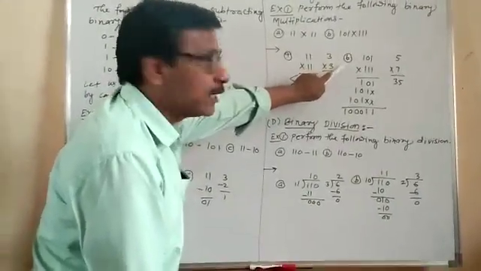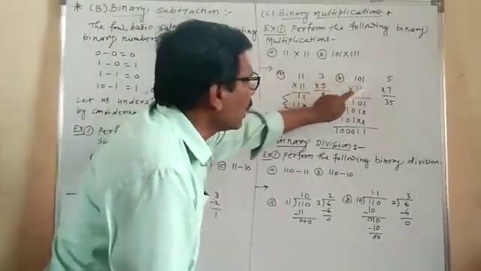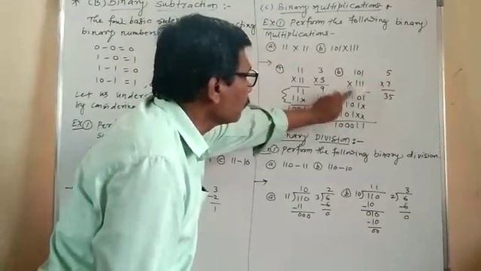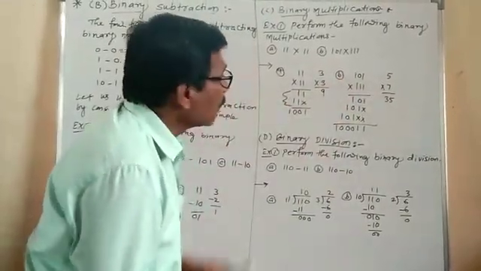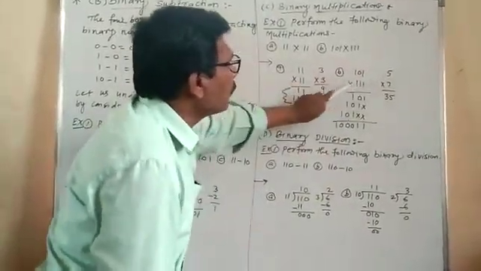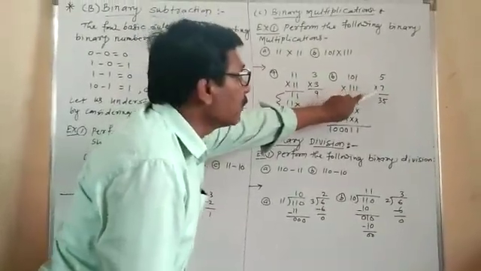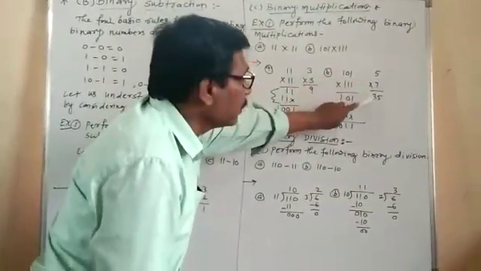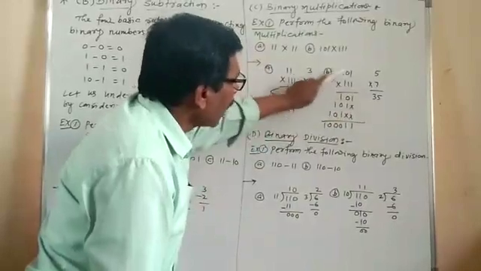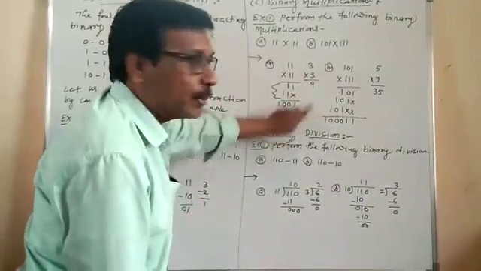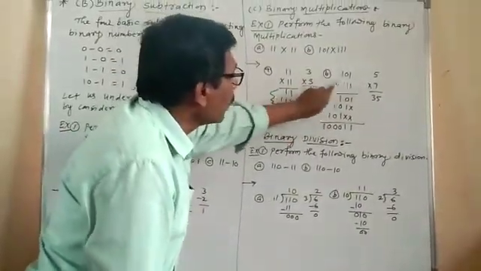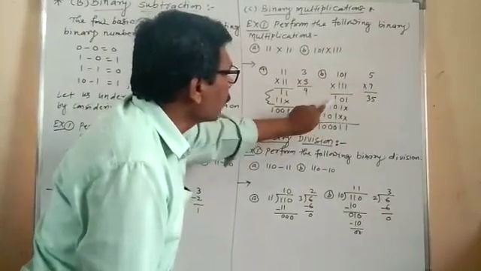The second multiplication is 101 multiplied by 111. And what is 101? 101 is decimal 5 and 111 is decimal 7. So 5 multiplied by 7 is decimal 35. And we have to get the same figure here in binary. So 1 multiplied by 101 is 101.